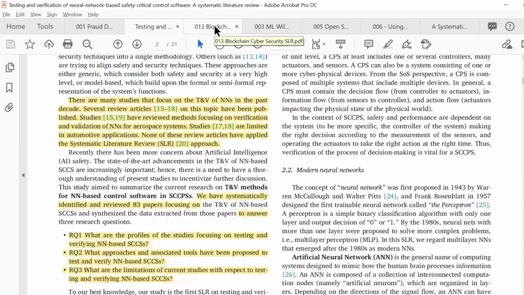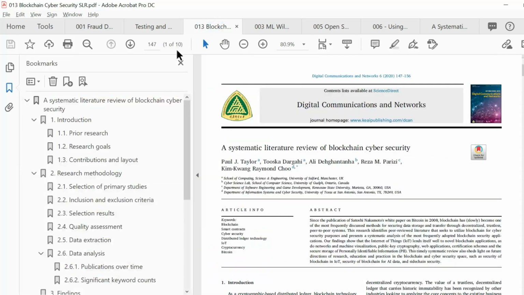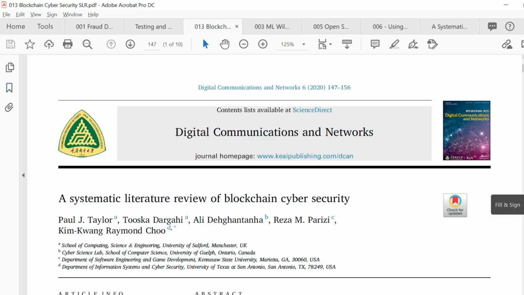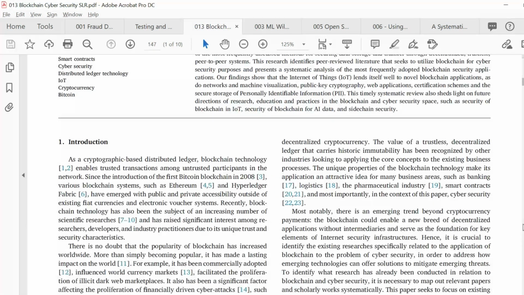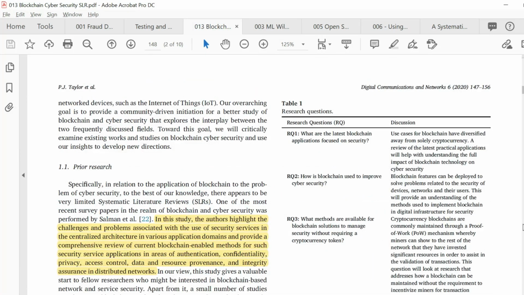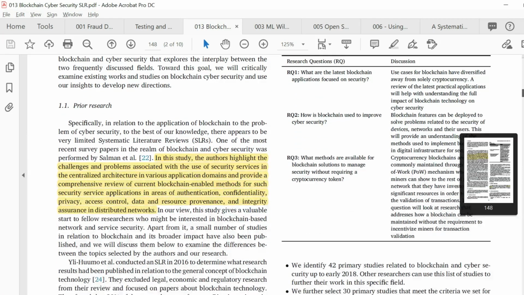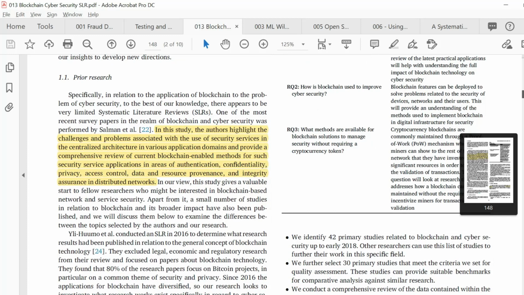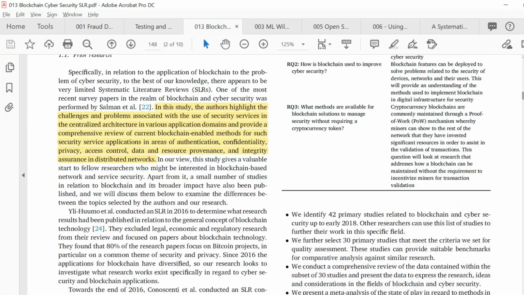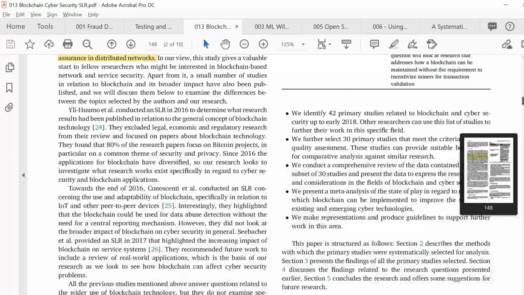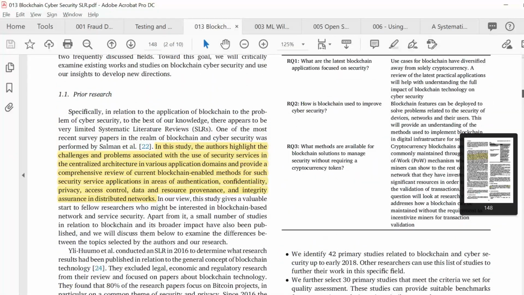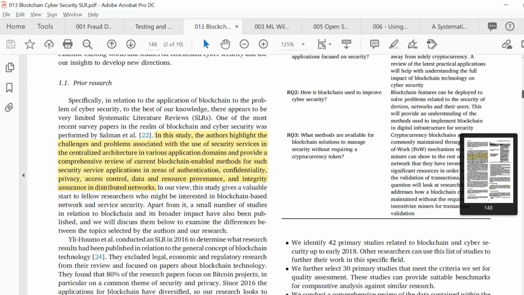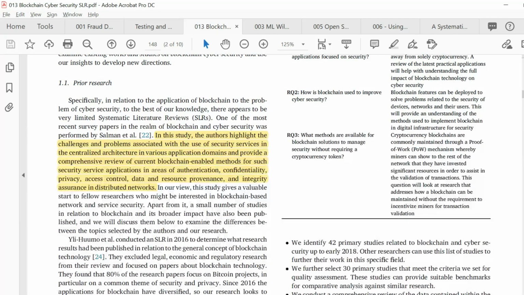Let's move to the next paper. In this paper, there is a complete section on prior research. There are 4 paragraphs within this paper that talk about the existing or prior research.